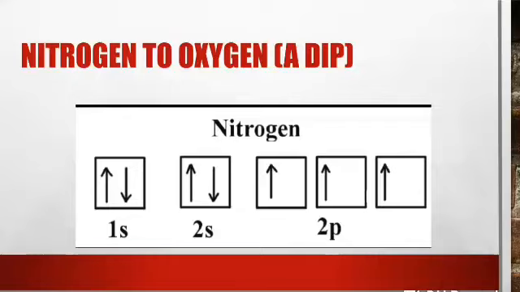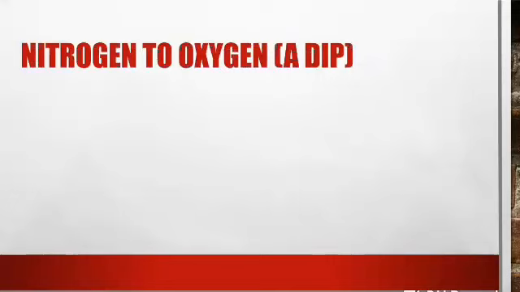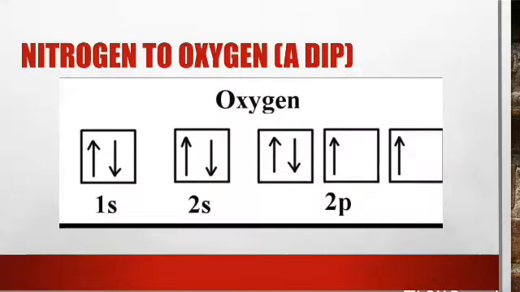The ionization energy of nitrogen is 1402 kilojoules per mole. Now for oxygen, look here at the 2p orbital. It has 1314 kilojoules per mole, less than nitrogen.